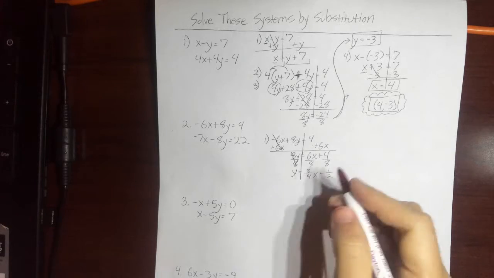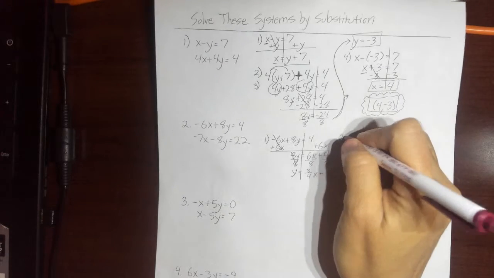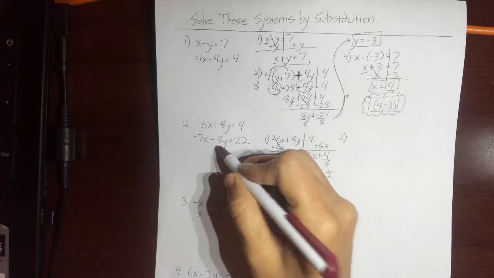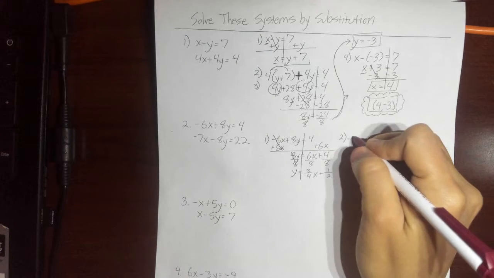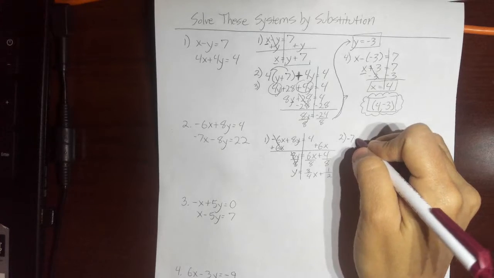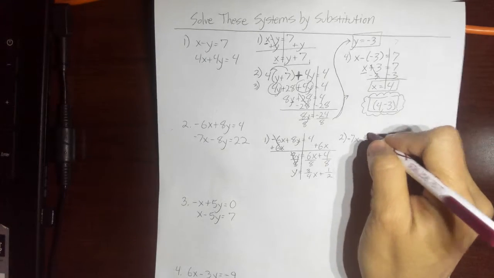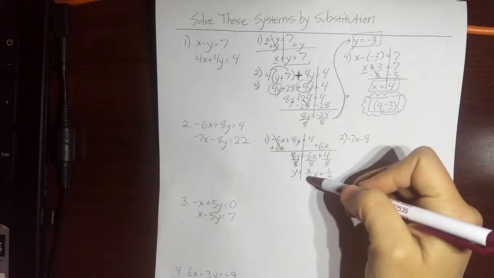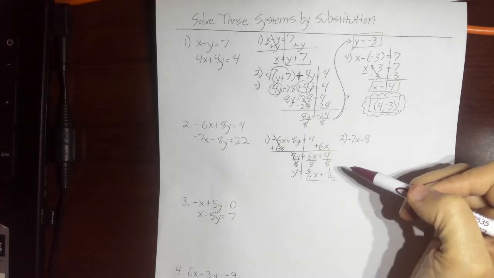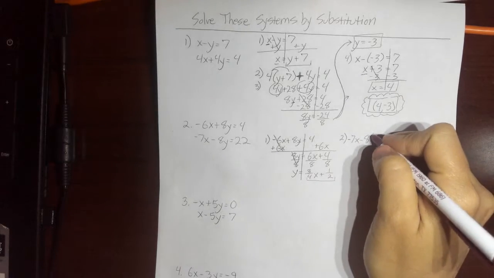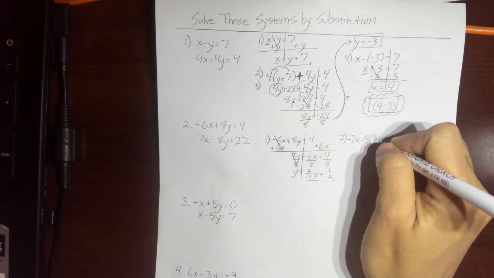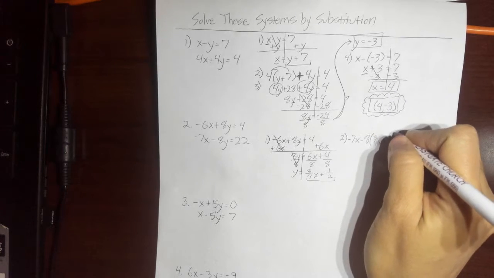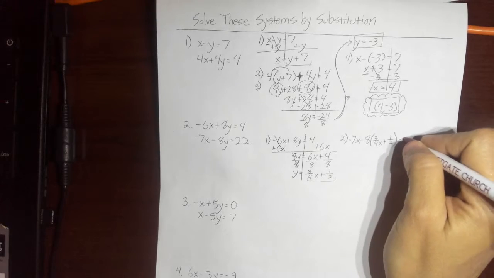So second step is I am going to plug that in to the second part of this. My second equation is negative 7x minus 8, and for my y, I'm going to plug in what I solved for the y. So this is going to become negative 8 times 3/4 x plus 1/2 equals 22.